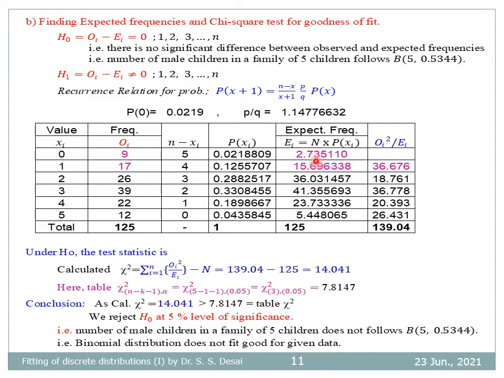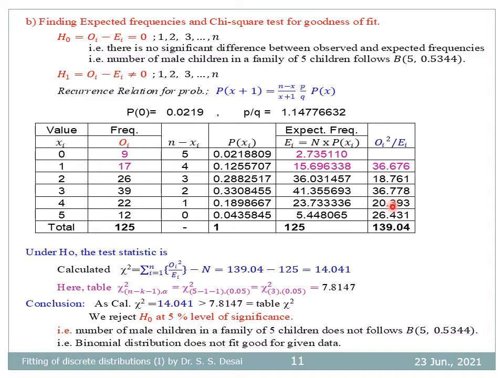And we do the same thing here for observed frequencies. And for these two frequencies, we obtain one ratio OI square by EI. So that is 9 plus 17 bracket square divided by 2.73 plus 15.69, and the simplification is 36.67. So this concept is known as pooling of the frequencies.